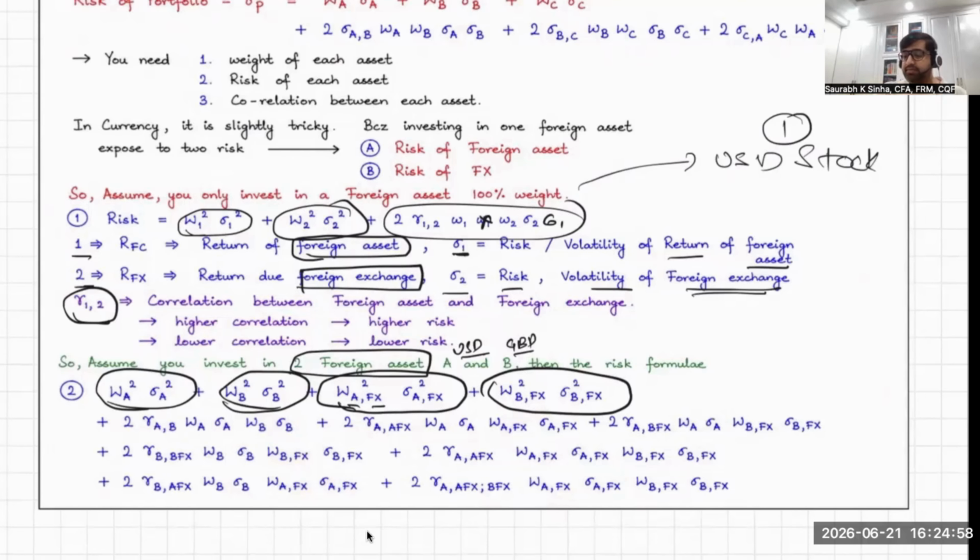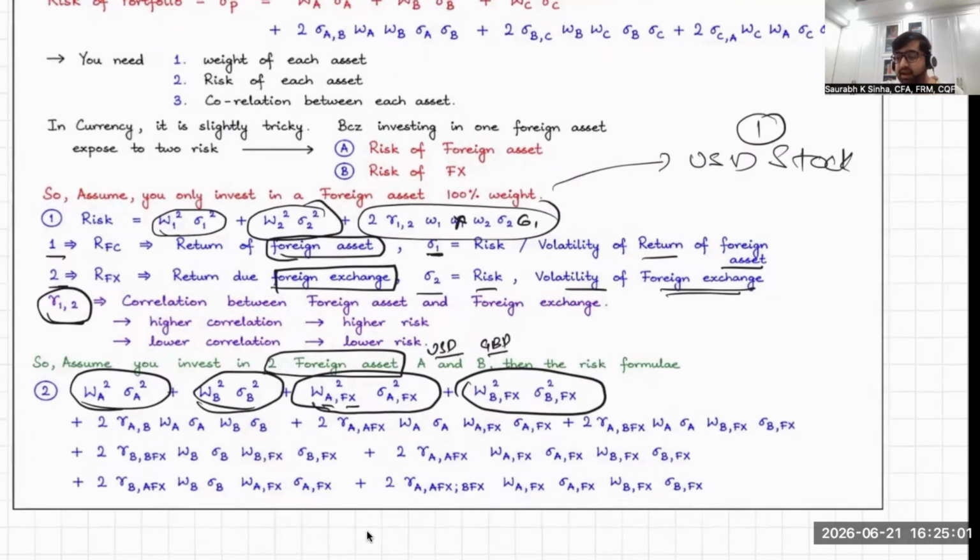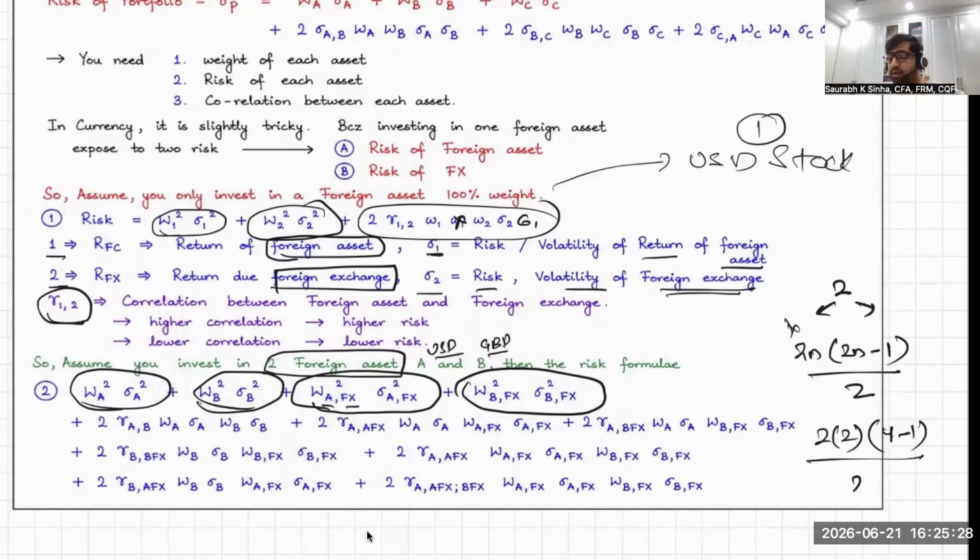So in total, if there are two foreign investments, then the formula to find out the number of correlation terms is 2n, bracket open, 2n minus 1, upon 2. So if you put 2 here, 2 into 2, 4, minus 1, upon 2, that is 4 into 3, that is 12 upon 2, that is 6 terms.